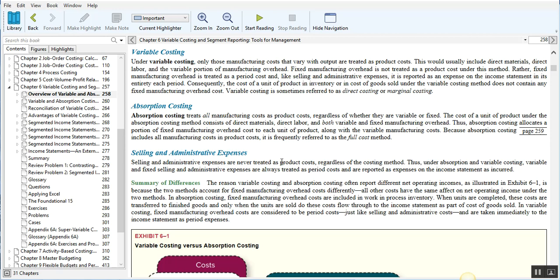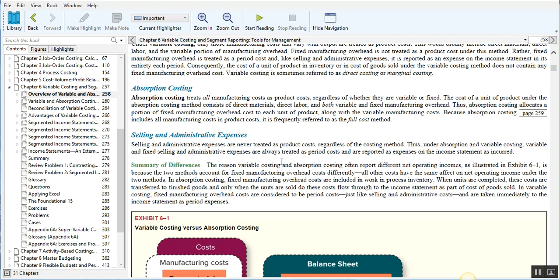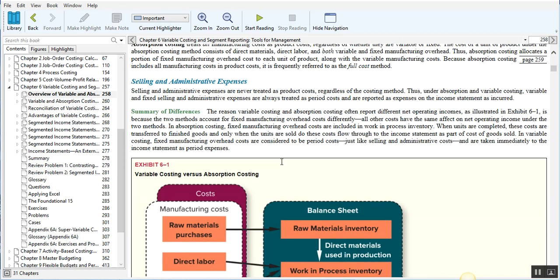So under the absorption and variable costing methods, those are always going to be considered period costs, and they're going to be reported after we calculate what we might consider to be the contribution margin, or they're going to be outside of the manufacturing costs.